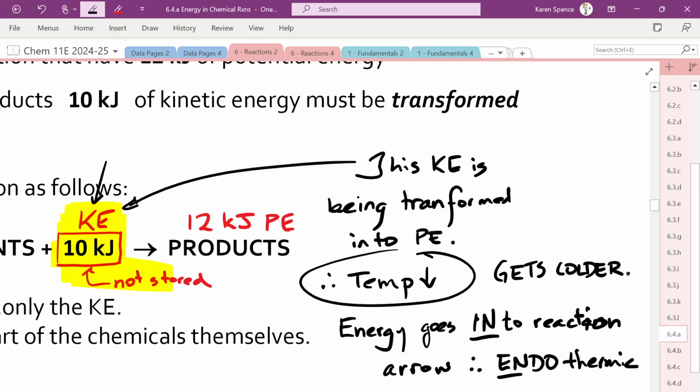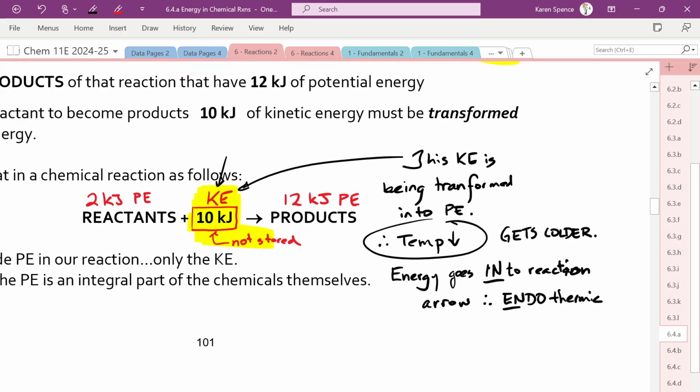Because the molecules are moving less quickly now, because that kinetic energy of motion has been transformed into stored potential energy. So you can recognize an endothermic reaction because it's going to look like A plus energy gives B. The energy term goes into the reaction.